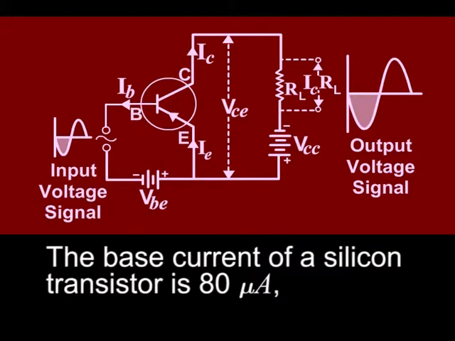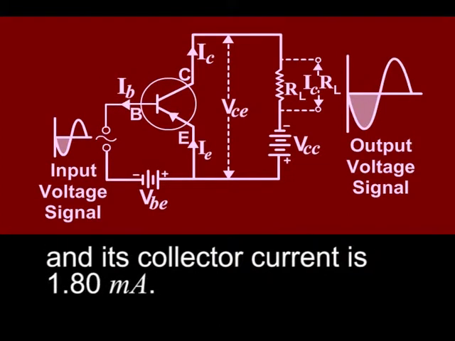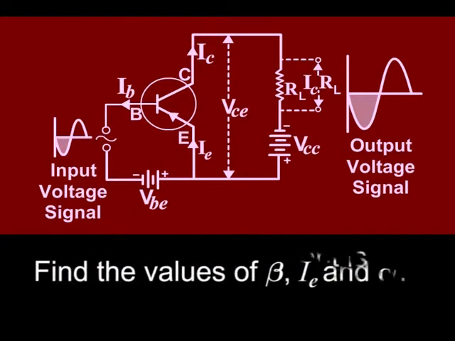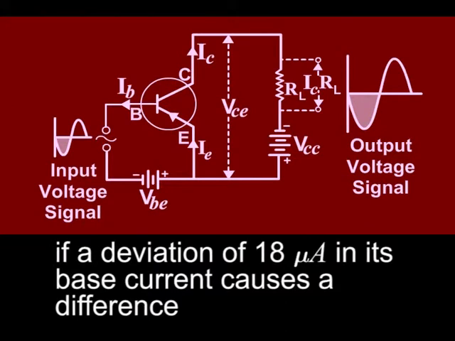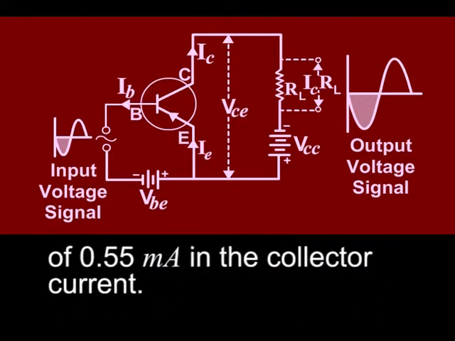In our next problem, the base current of a silicon transistor is 80 microampere and its collector current is 1.80 milliampere. Find the values of beta, IE and alpha. Also, calculate the value of beta if a deviation of 18 microampere in its base current causes a difference of 0.55 milliampere in the collector current.